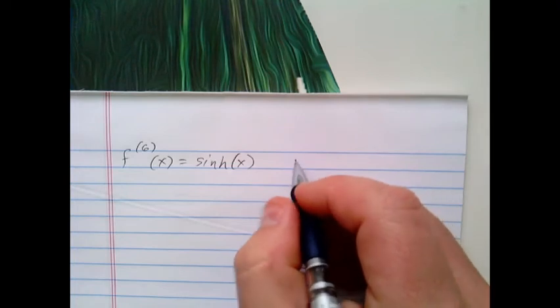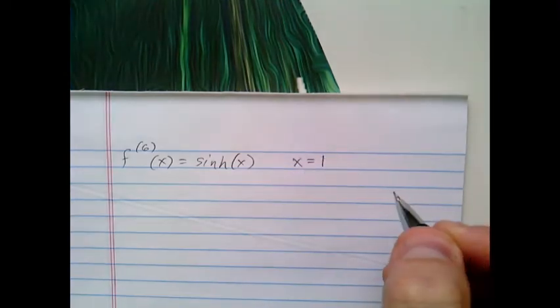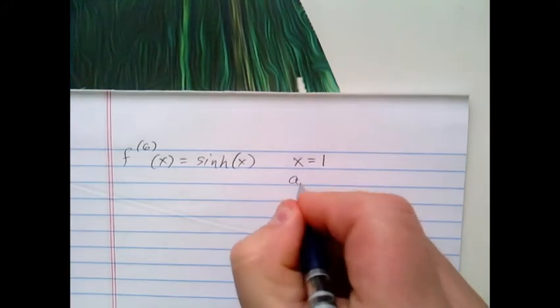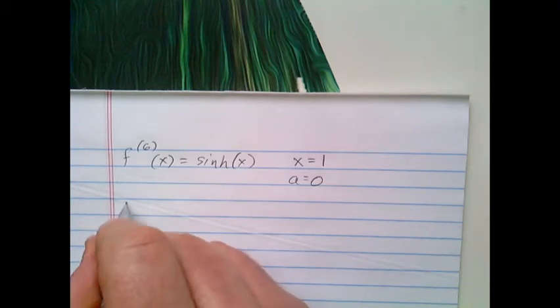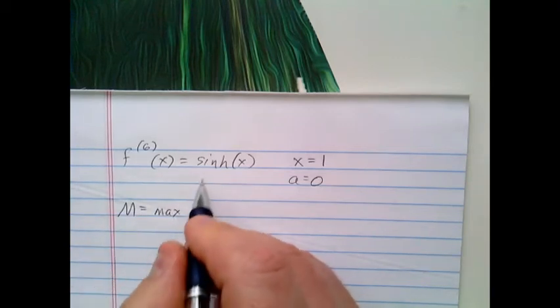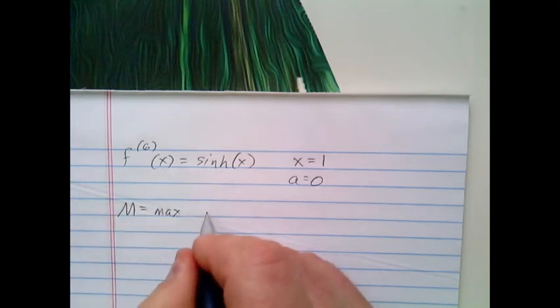Now, the x value where we're trying to do our approximation is 1, so that's what Taylor's theorem was referring to as the x. The a value, the value where we centered our series, is 0. We want to find M, which is the maximum of this sixth derivative.